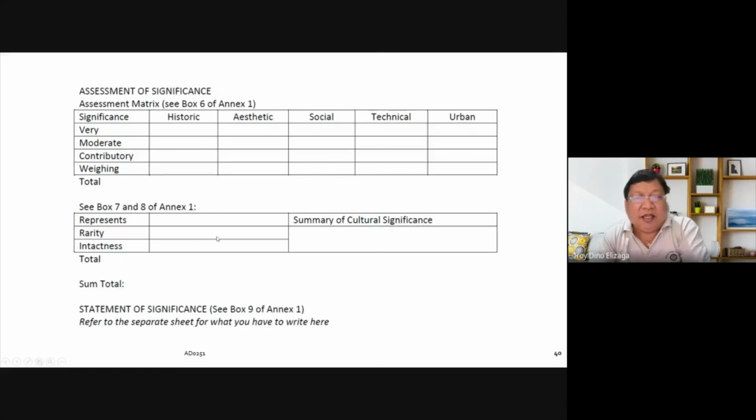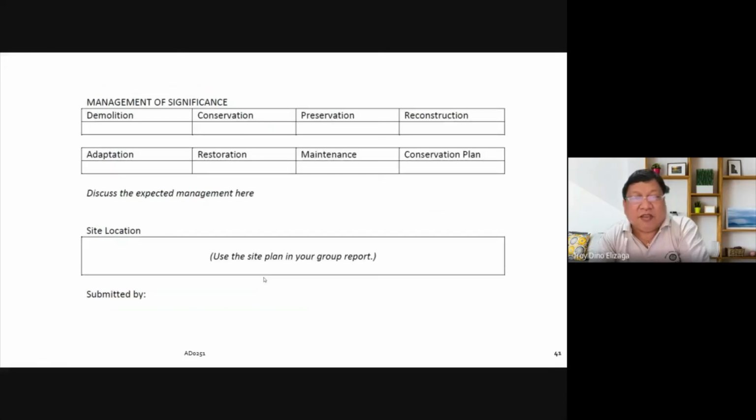Okay, and then we summarize, and depending on the summary of cultural significance, we recommend the management of significance. This is the management of significance, whether it's demolition, conservation, preservation, reconstruction, adaptation, restoration, maintenance, or simply making a conservation plan. There can be more than one type of management.